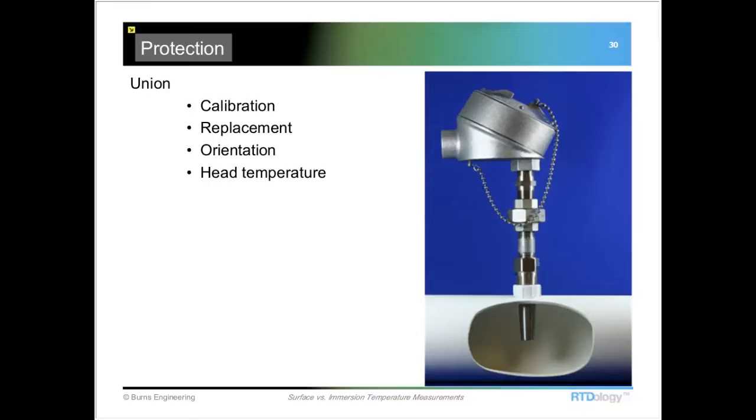I'd already mentioned the union here. It does make a real simple way to pull things apart and take care of maintenance. And also, it allows you to spin that connection head around so that you can line up your conduit with the conduit port on the connection head.